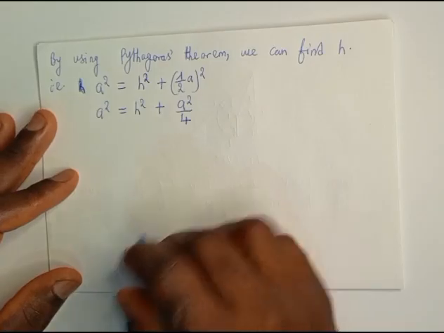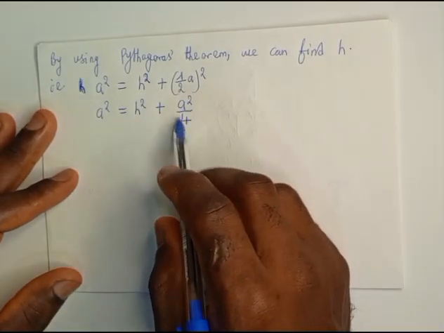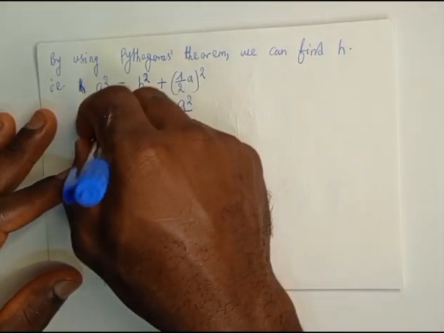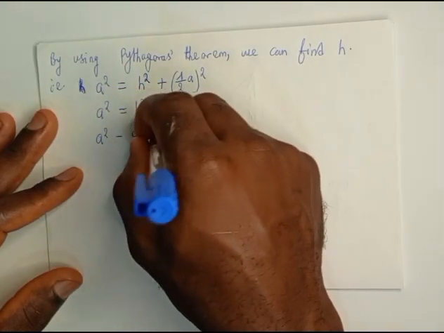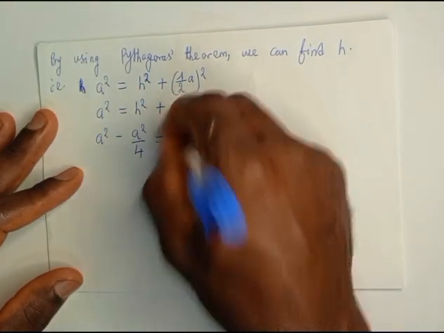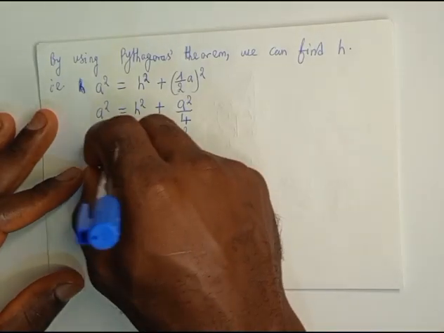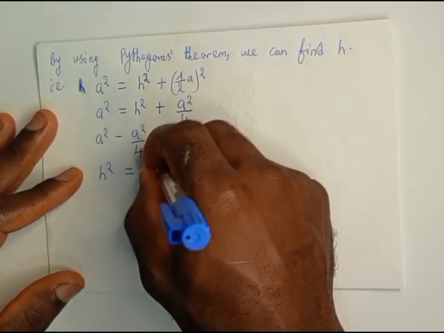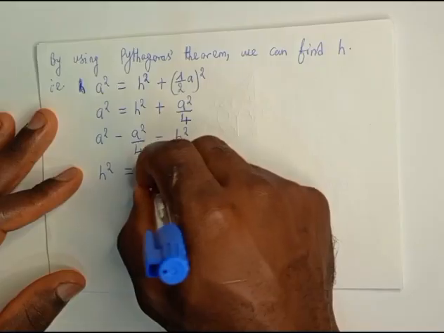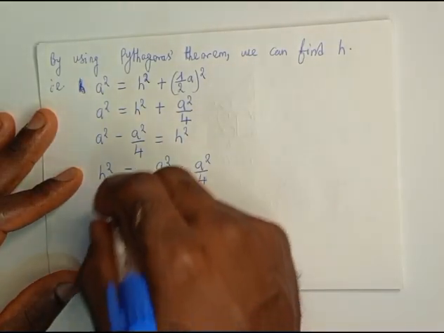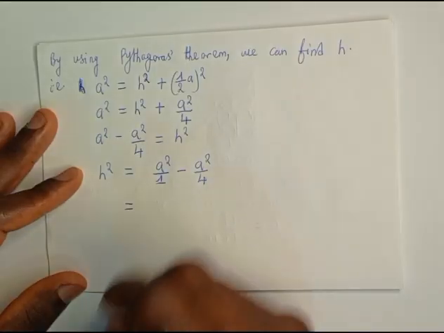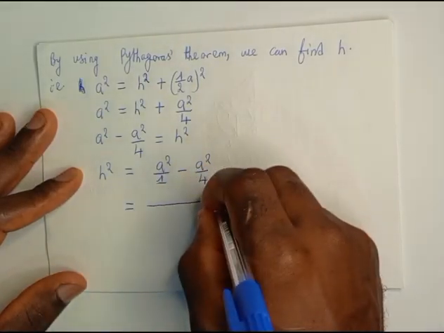We are going to make h squared the subject of formula. We are going to transfer a squared over 4 to the left hand side. This will give us a squared minus a squared on 4 equal to h squared, which is the same as saying h squared is equal to a squared over 1 minus a squared over 4. This will be equal to the LCM of their denominators.